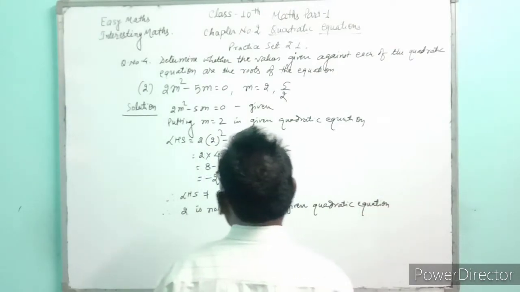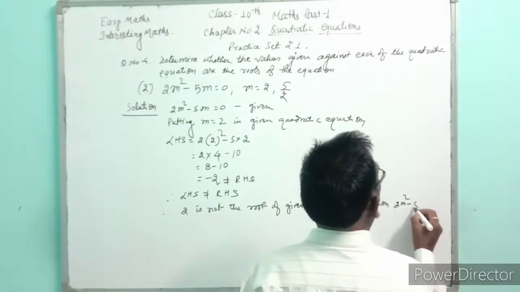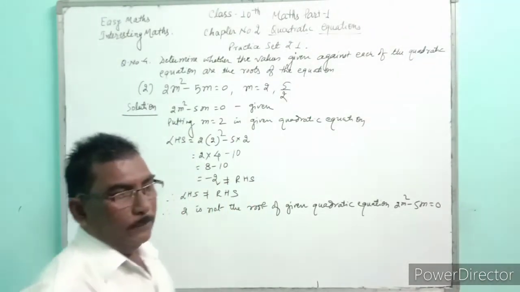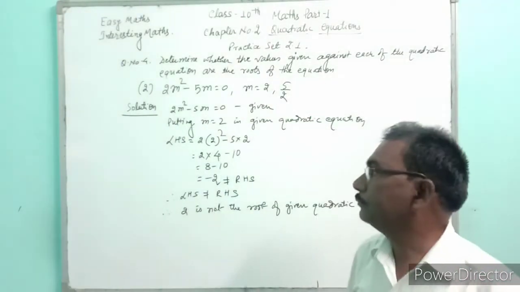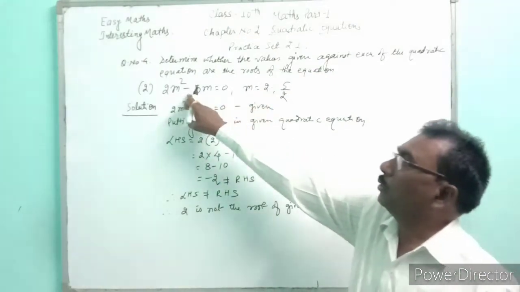You can write the equation also as 2m square minus 5m is equal to 0. So m is equal to 2 is not the root of this quadratic equation.